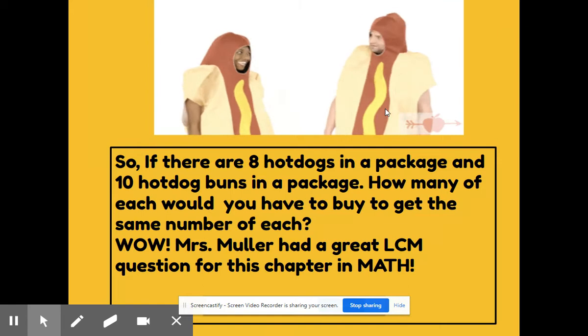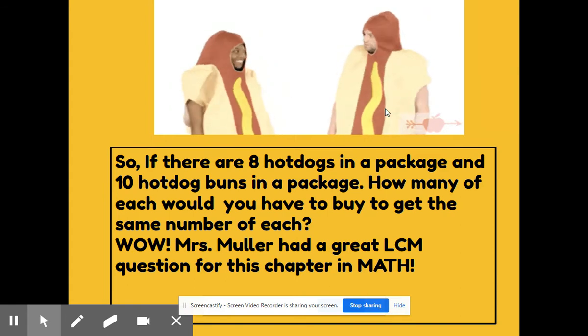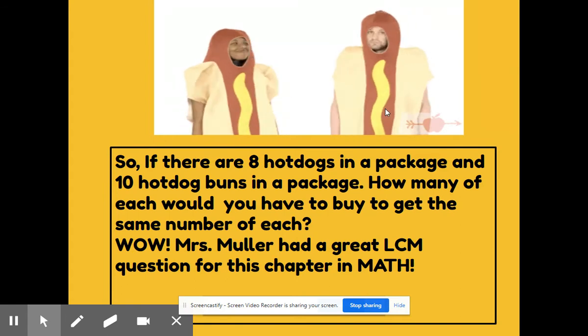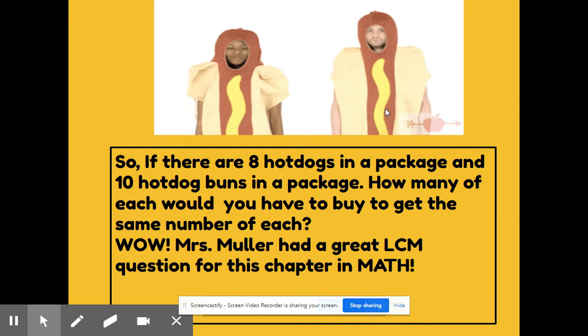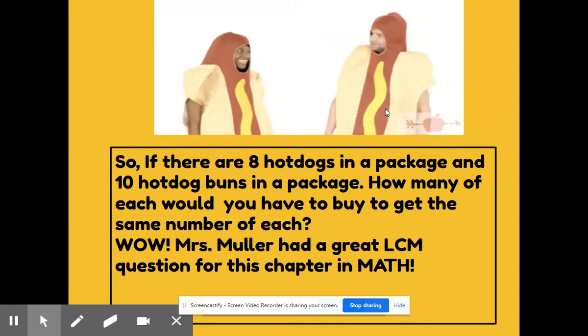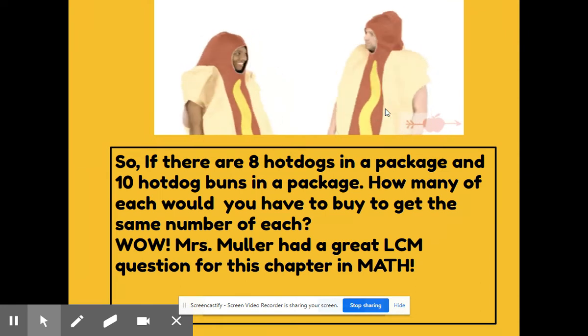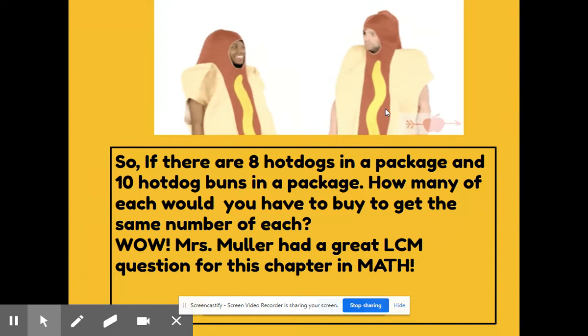And she asked if there are 8 hot dogs in a package and there's 10 hot dog buns in a package, who is talking to who in the hot dog making company and the hot dog bun making company, right? They want us to buy lots of each, don't they? In order to make a whole bunch of money, because if you're like me, you want to have your ratios proportional so that there's 1 hot dog to every bun, right?